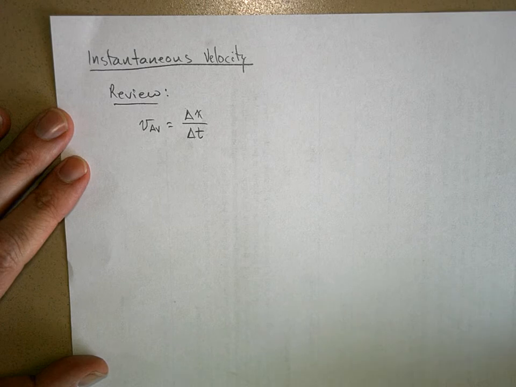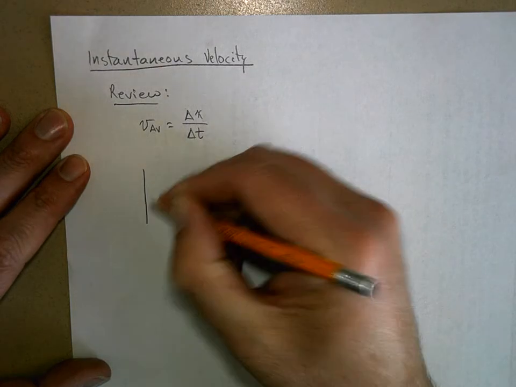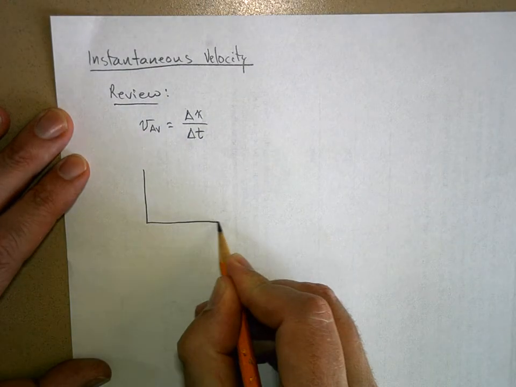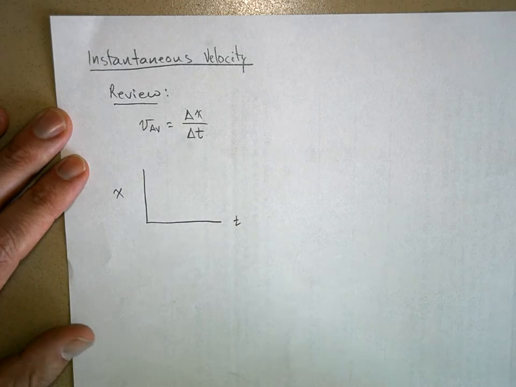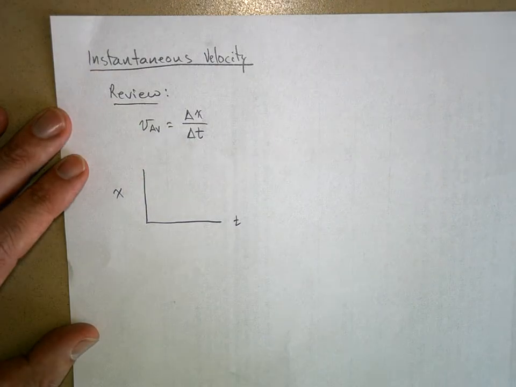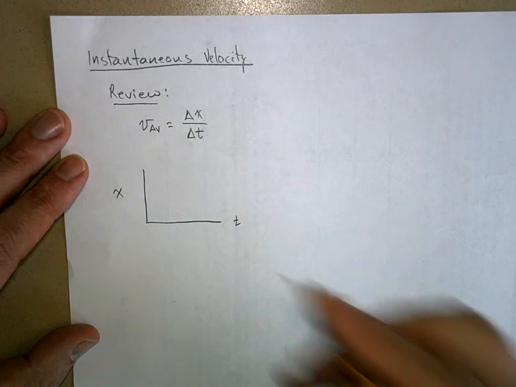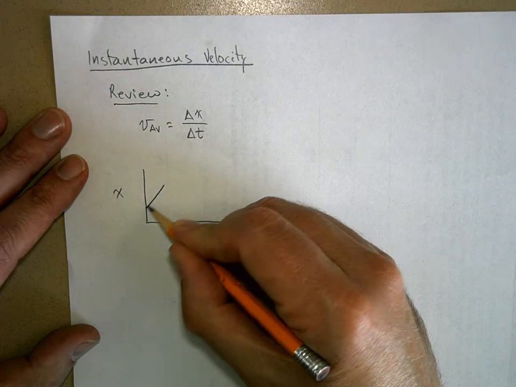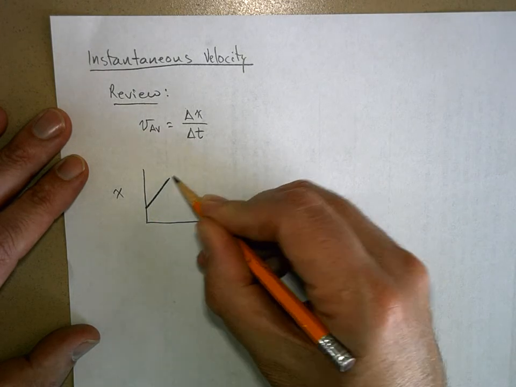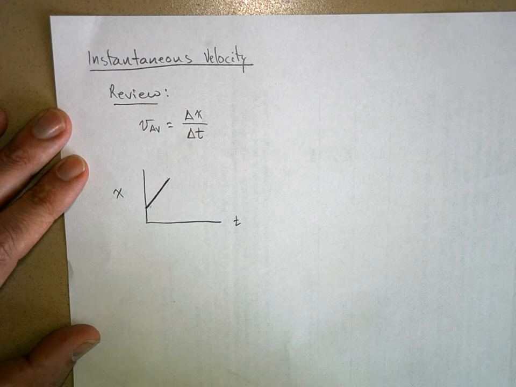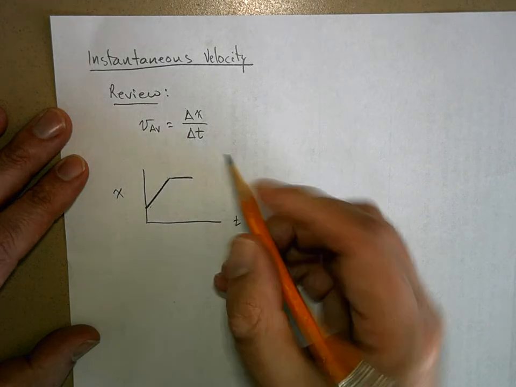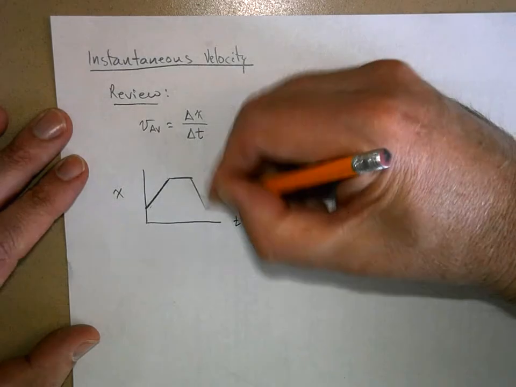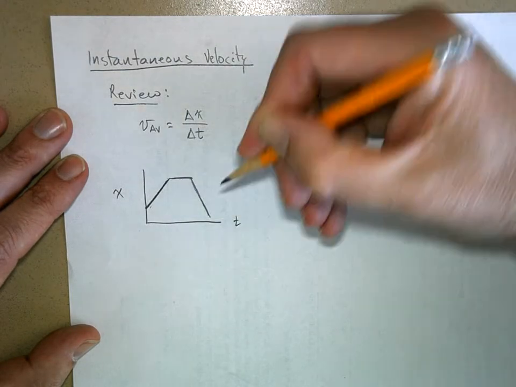If you had a position versus time graph that looks something like this, position and time. Let's say, and I'm not going to put numbers on here because it'd take too long, but let's just say you had something where your position increased at a fairly rapid rate, then you stayed where you were for a period of time, and then you went back where you started fairly quickly.